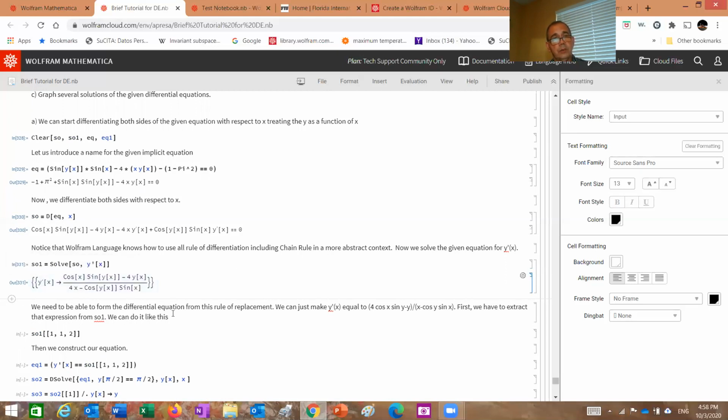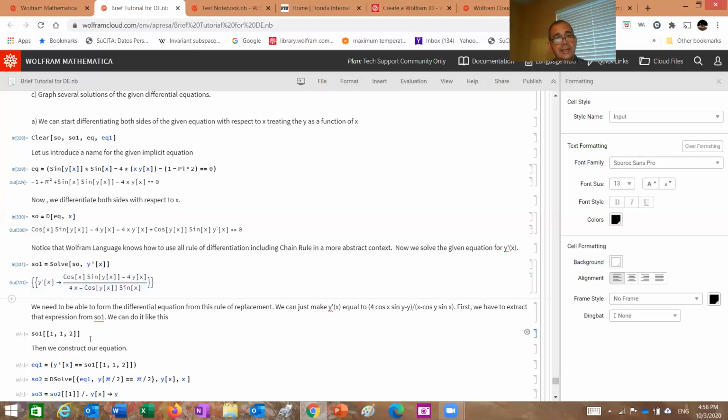And then what can we do here? I want to get the equation, but to get this part of that expression of this list, I can use SO[[1]]. You take the part 1, 1, 2, and this is going to give you exactly this part here.